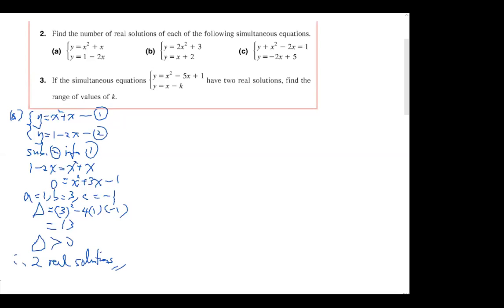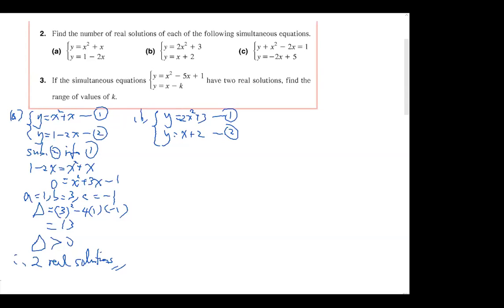And then in part B, we have y equals 2x squared plus 3 to be equation 1, and y equals x plus 2 to be equation 2. Okay, and equation 2 has no square term, and equation 2 has a subject.